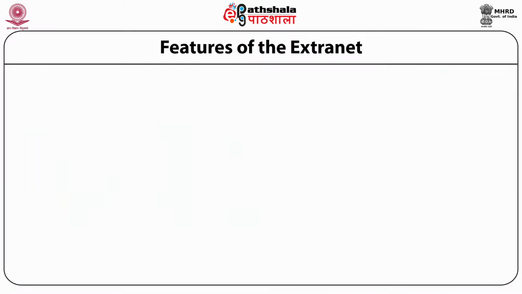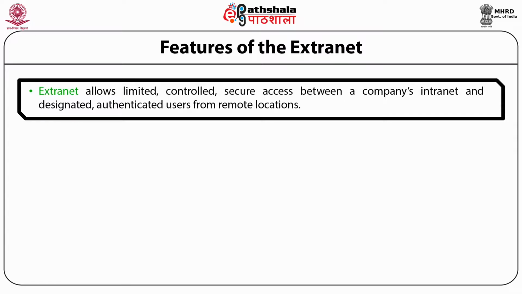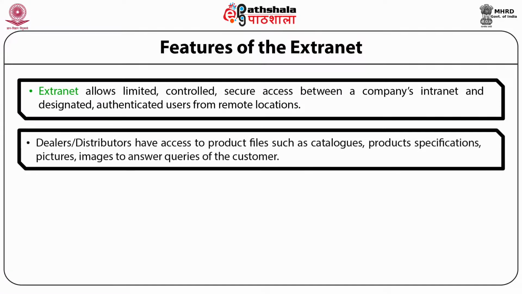Dear students, now let us look upon the features of extranet. Extranet allows limited, controlled, secure access between a customer's intranet and designated authenticated users from remote location. Dealers, distributors have access to product files such as catalogs, product specification, pictures, images to answer queries to the customer.